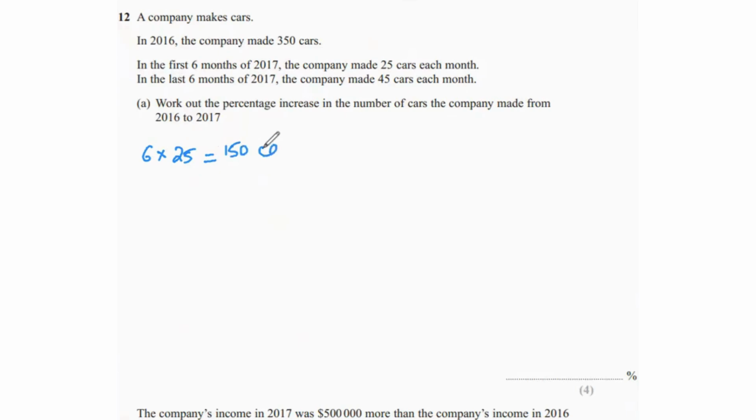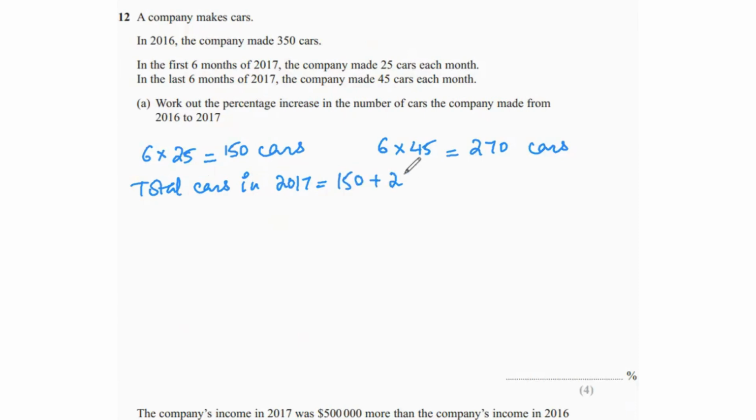And then for the last 6 months, it's going to be 6 times 45, which gives us 270 cars. So now, total cars in 2017 is going to be 150 plus 270, which equals 420 cars.